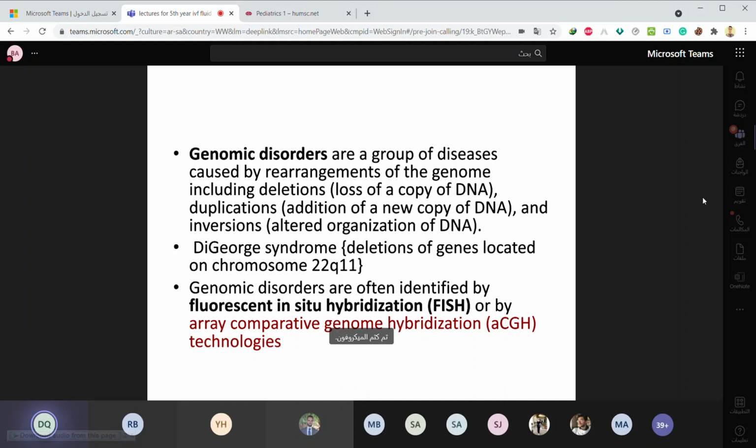Genomic disorders are often identified by fluorescence in situ hybridization, we call it FISH study, or by array comparative genomic hybridization, aCGH technologies. So with karyotyping we detect chromosomal abnormalities, and with FISH or aCGH we detect genomic disorders.